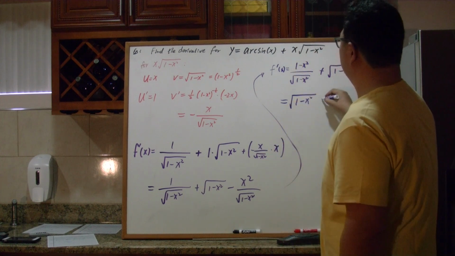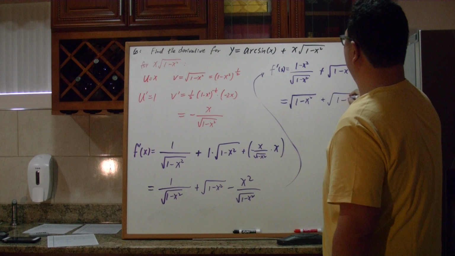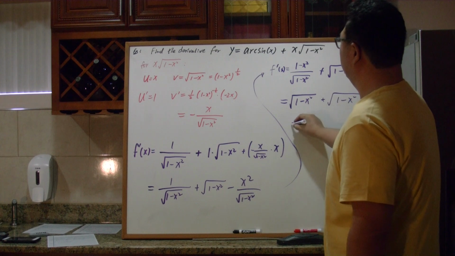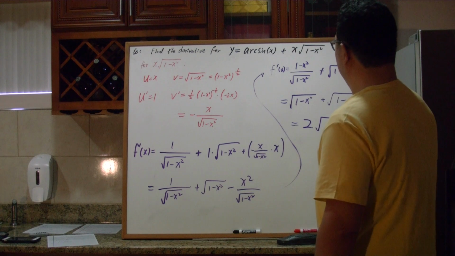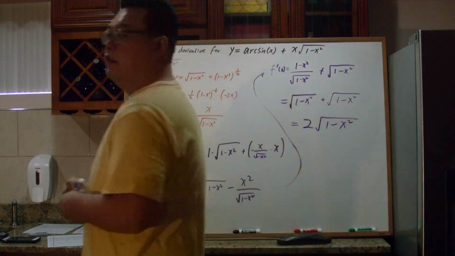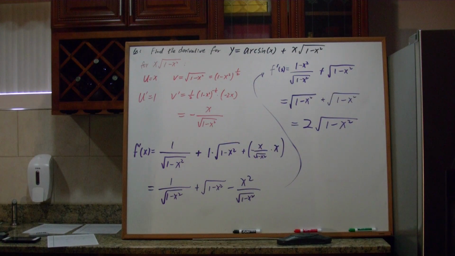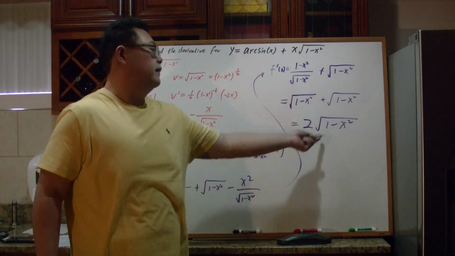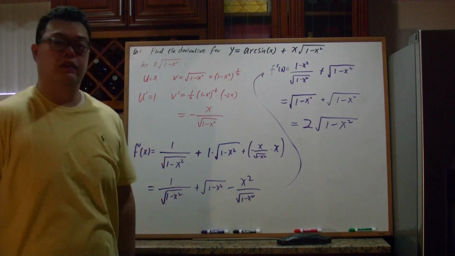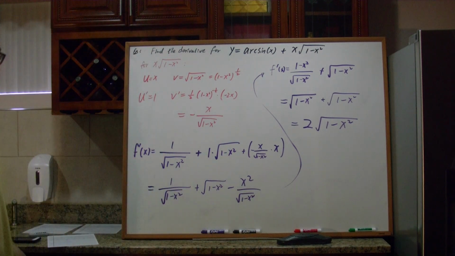Then plus the square root of 1 minus x squared, and we see indeed that's twice the square root of 1 minus x squared. So in the process that will give us at most 3 terms, but at the end we can simplify into a single term expression for f prime of x.